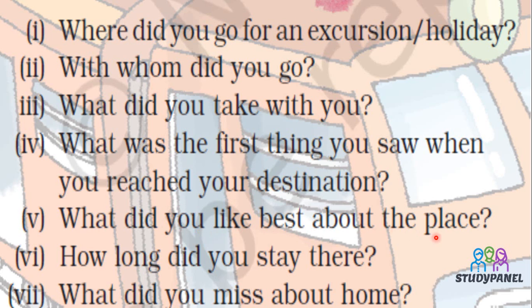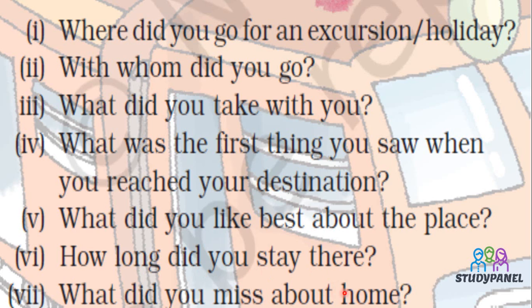What did you like best about the place? वहां पर आपने बहुत सारी चीजें देखी होगी, but which was the best that you liked the most at that particular place? How long did you stay there? Was it planned for 2 days, 3 days or a week or 15 days? बस इससे ज्यादा तो कोई 15 डेज से ज्यादा बहुत कम लोगों का प्लान होता है। वहां कितने दिन आप रुके थे वो भी आपको यहाँ पर लिखना है.